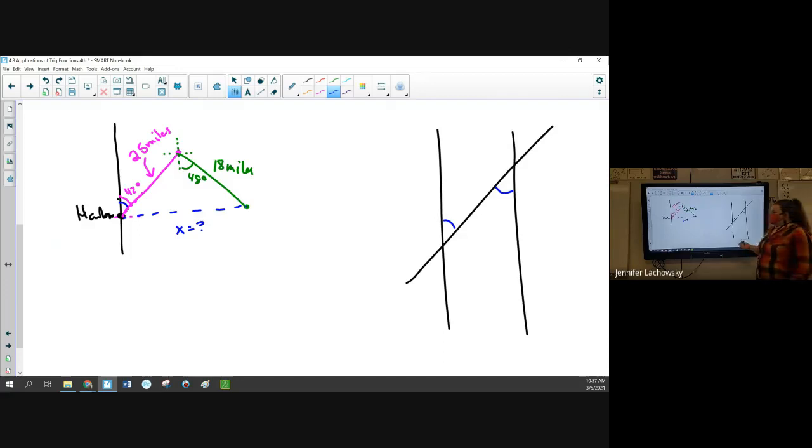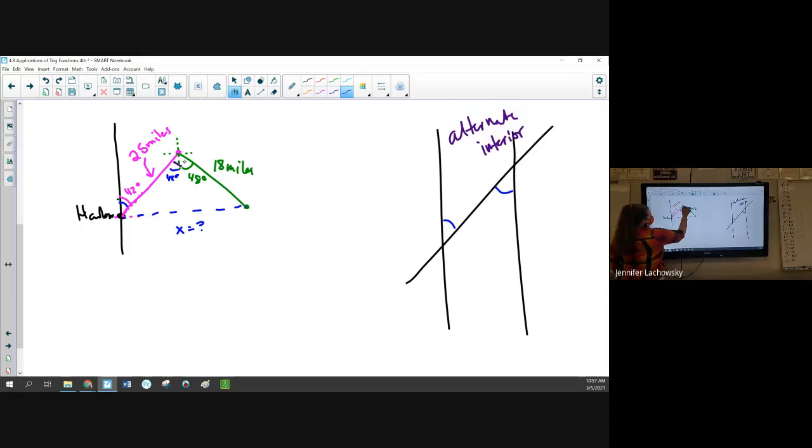Okay. So if that's 42, then this is also 42. So that's a right angle, which means we can use right triangle trig.